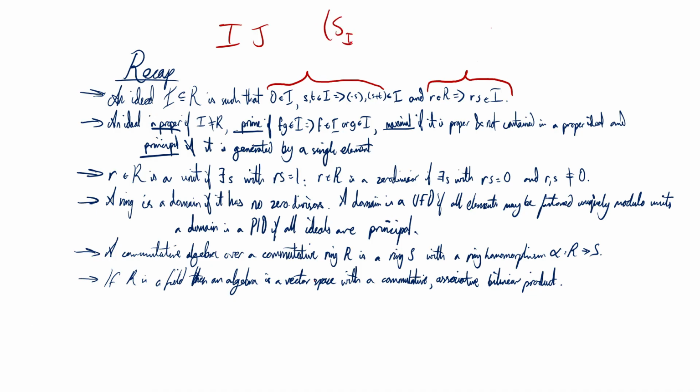So if I is generated by s sub i and J is generated by s sub j, then you just take pairs in here and in here. So, for instance, I am going to stick with the integers. So, for instance, the ideal generated by 2 and the ideal generated by 3 is the ideal generated by 6. Let's rub this all out.